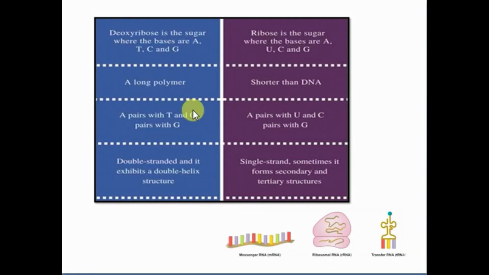So you can see here that deoxyribose sugar is there in DNA, and ribose sugar is there in RNA. The bases in DNA are A, T, C, and G, and in RNA the bases are A, U, C, and G. DNA is a comparatively longer polymer and RNA is a comparatively shorter polymer.